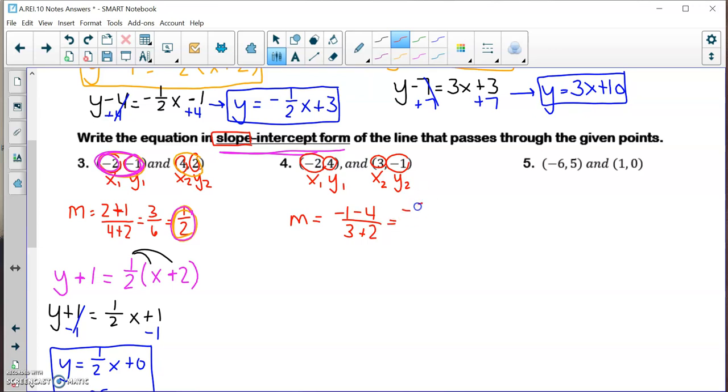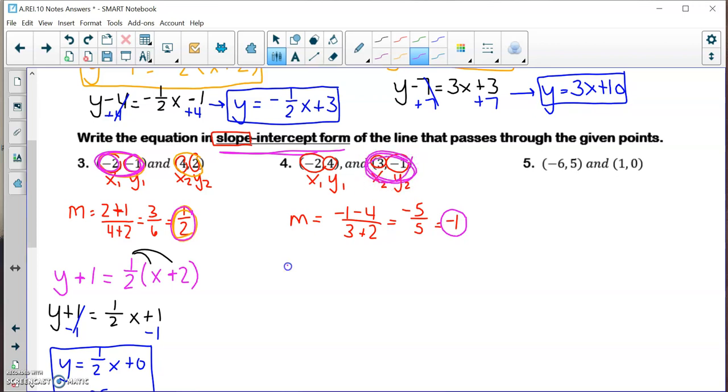And I wind up with -5 over 5, which is a slope of -1. So then we use our slope, and you guys have choice. You get to choose what point you want to use. The first one or the second one does not matter. This time I'll show you how to use the second one.